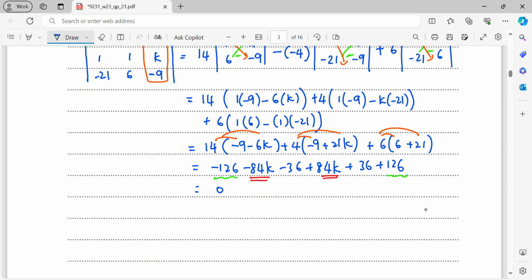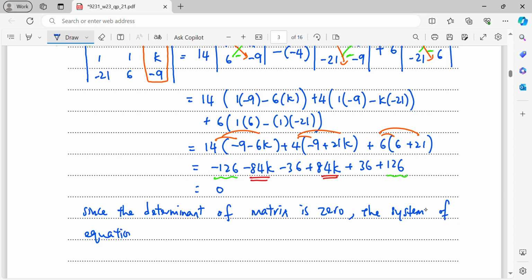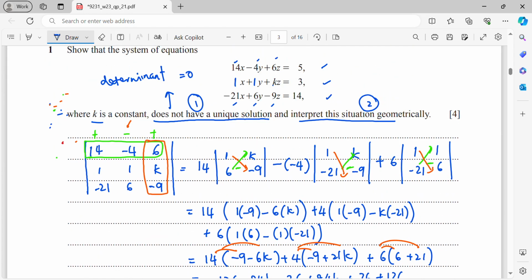So just write here, since the determinant of the matrix equals 0, the system of equations does not have a unique solution.